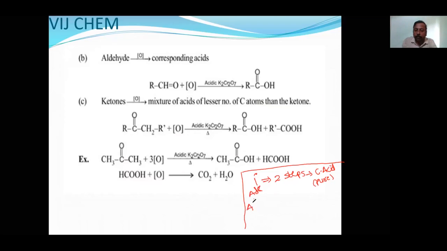And another thing is, if you use the aldehyde, it takes place in only one step. Here also it will give you the carboxylic acid, and that is going to be pure again. Understood? If we take the ketone, then it will take only one step, but the problem is that it will give a mixture of carboxylic acids with a lesser number of carbons. So this is important for conversions.